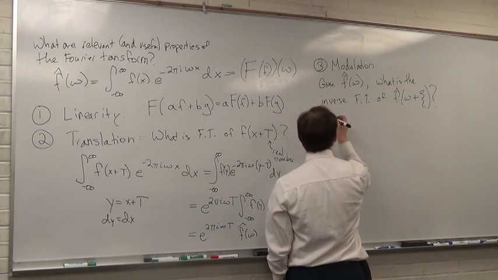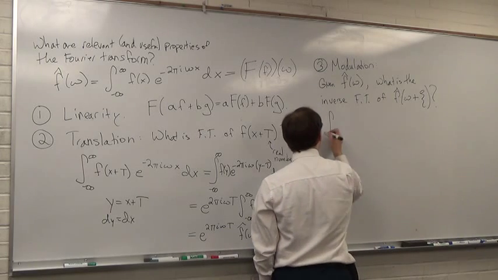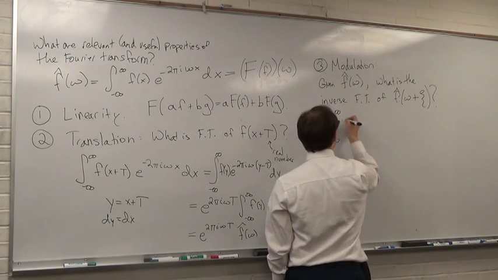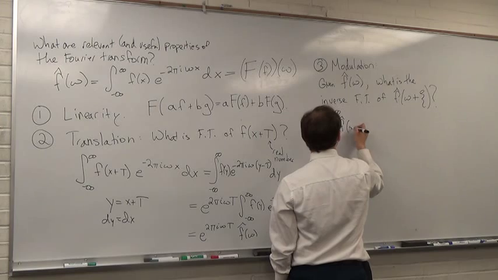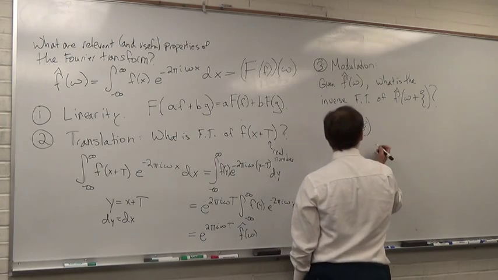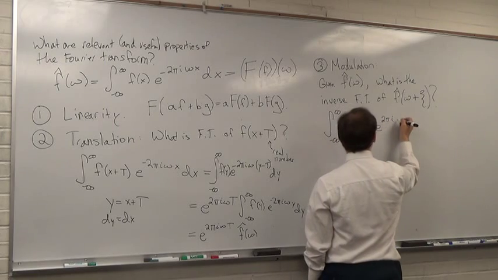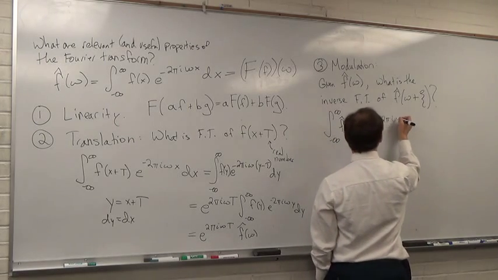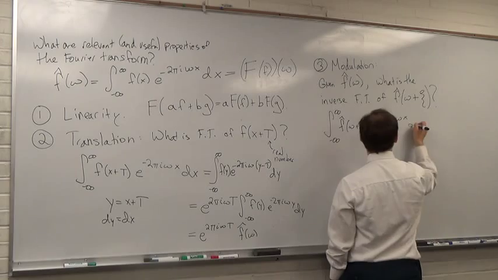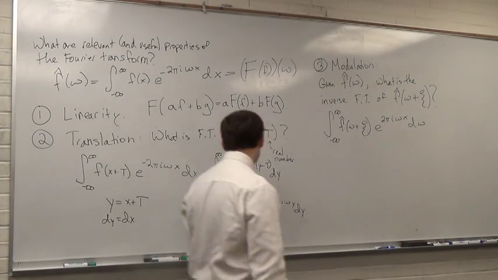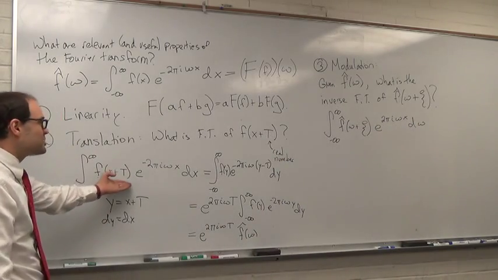Okay. So what is the inverse Fourier transform of that? Well, let's just pop it into the formula. And you say, wait a moment, we just did this a moment ago.